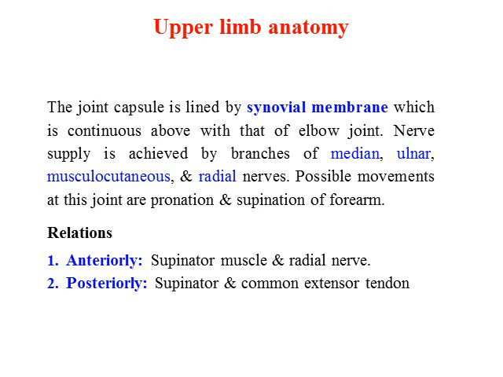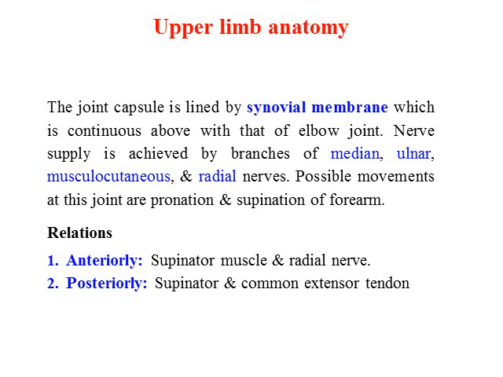The capsule of the proximal radioulnar joint is lined by a delicate membrane which is called the synovial membrane, which is continuous with the synovial membrane lining the joint cavity of elbow joint.